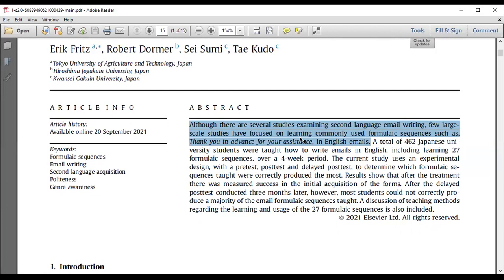Centrality claiming, sir. Move, the first instrument. Although there are several studies examining second language email writing, few large-scale studies. Is it the purpose or not?